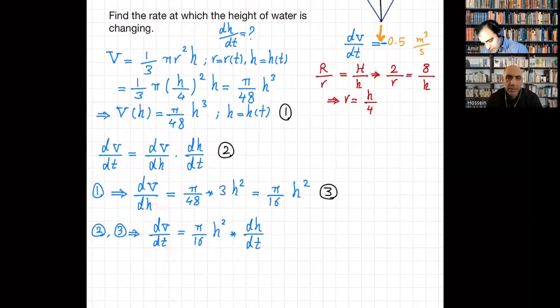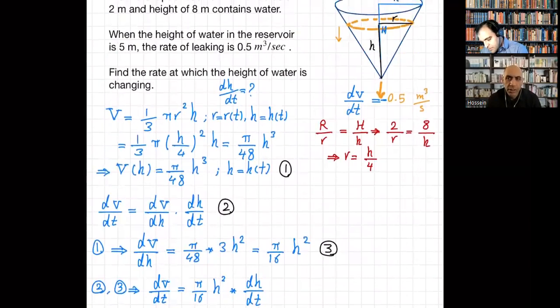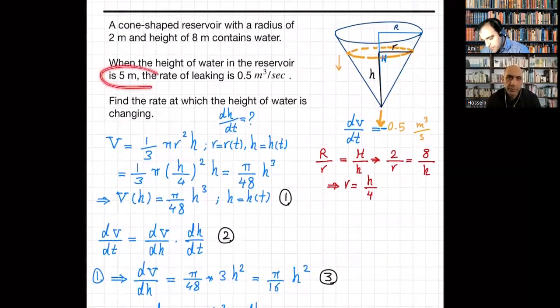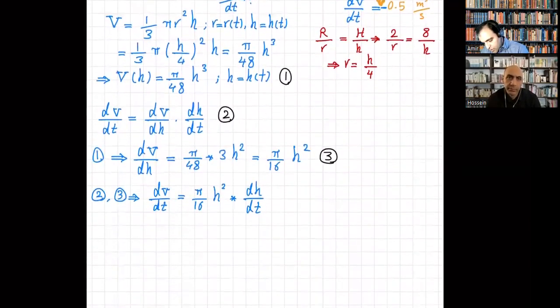And then at that time, the height is 5. Yes, and so you also know the height of the water. Yeah, it's given in the problem. So I'm going to substitute these numbers into the equation.